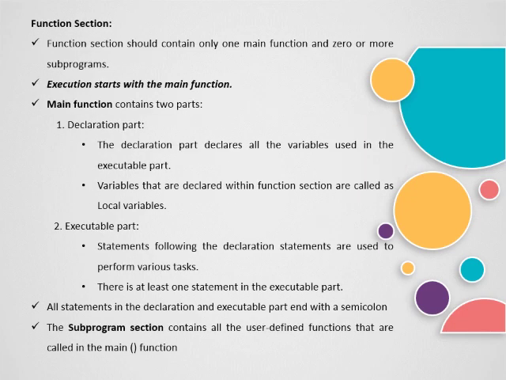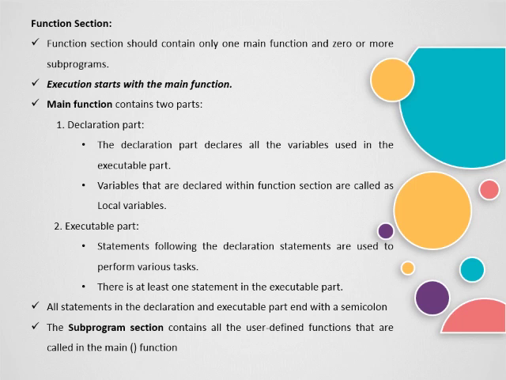Function section. Function section should contain only one main function and 0 or more subprograms. The execution always starts with the main function. The main function contains two parts, declaration part and executable part. The declaration part contains the declaration for all the variables used in the function, and the variables that are declared within a function are called local variables.